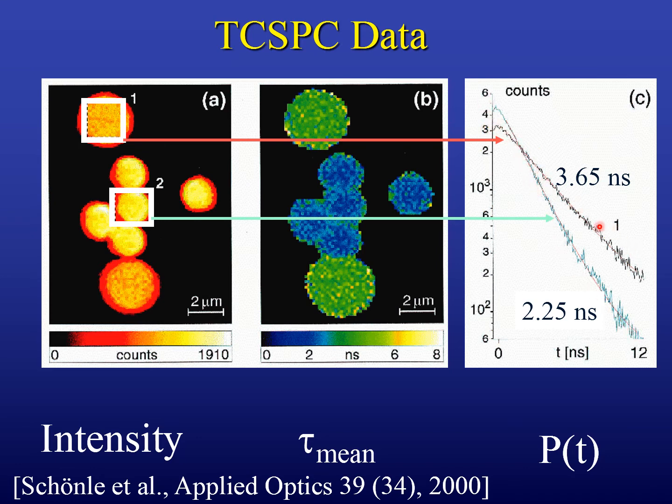Indeed, this looks to be true in a very good approximation. It's a little bit curved, which is probably because there's a little bit of an offset background that you have to account for in your fit. And you see here very nicely the very different lifetimes, 3.65 nanoseconds compared to 2.25, 1 over e time.